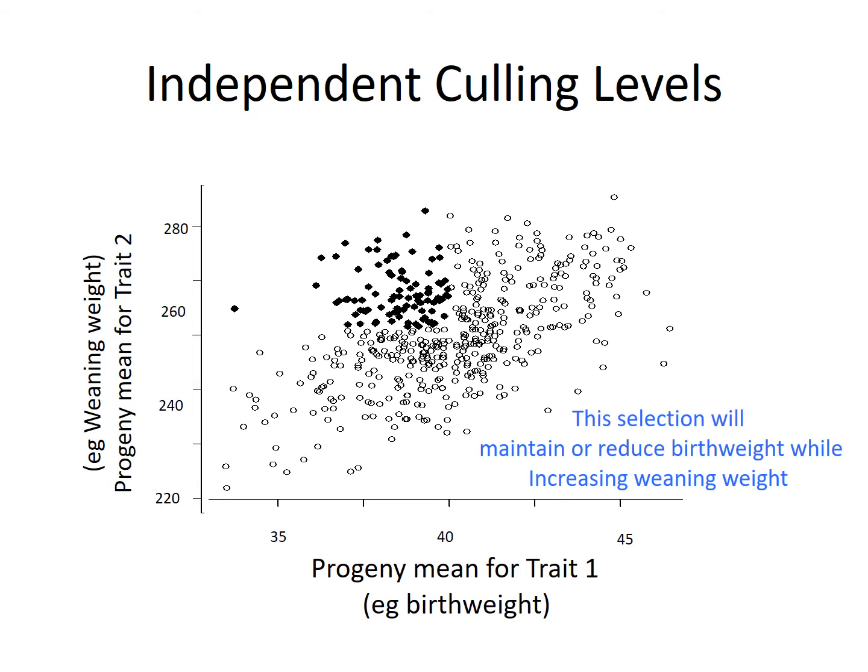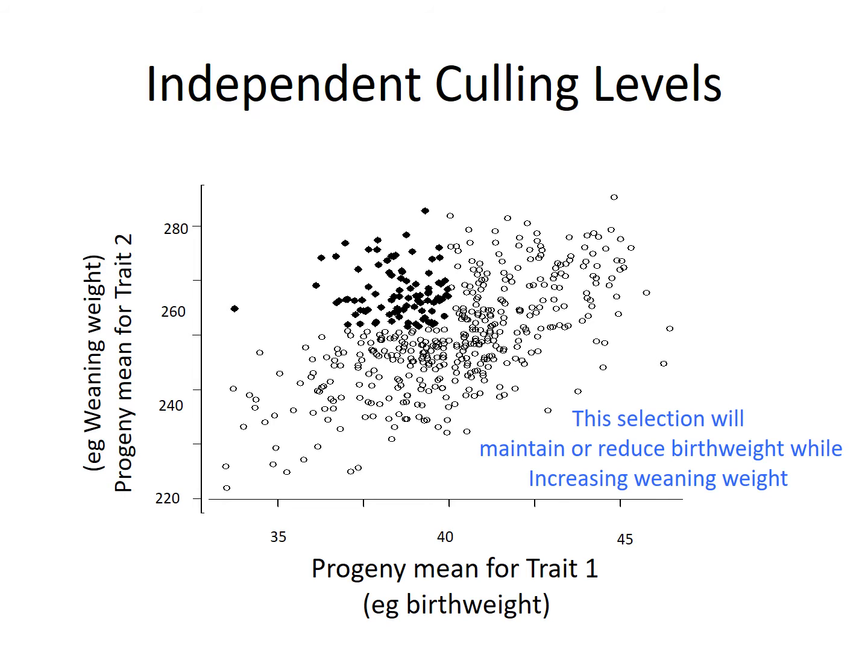And if we were to use those animals as parents, what we would do in the next generation is we would move that pool upwards with higher weaning weight and a little bit to the left with a lower birth weight. So something we know about selection is we can't change the amount of variation that exists for a trait like birth weight or the amount of variation that exists for a trait like weaning weight, but we can move the mean.